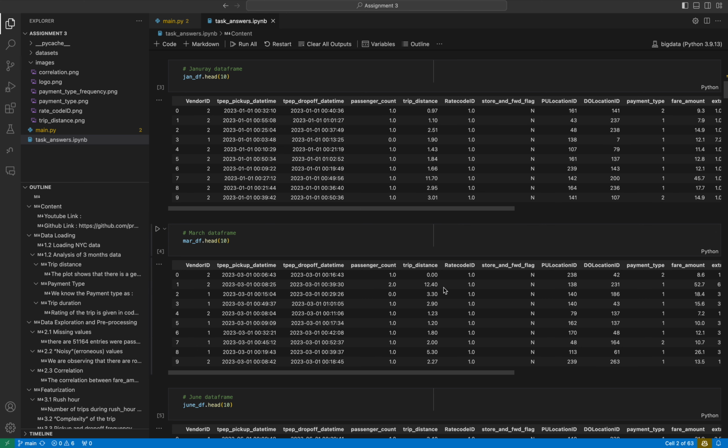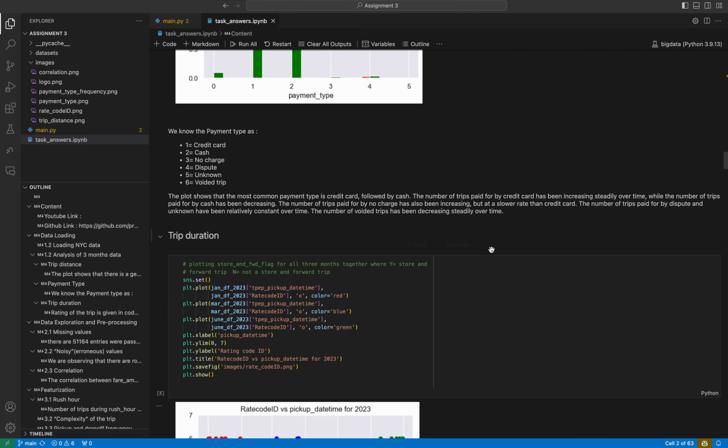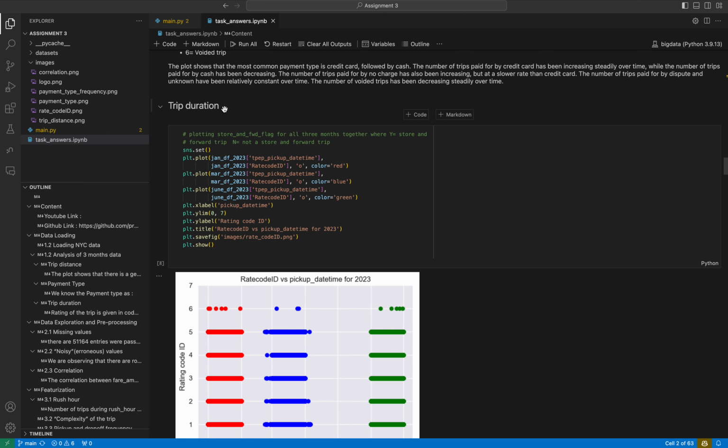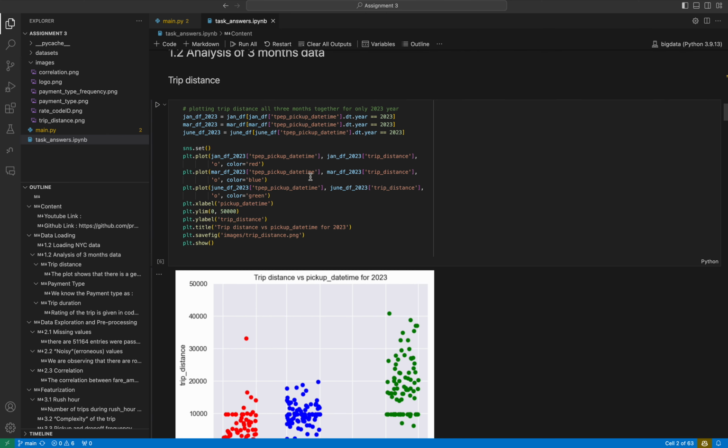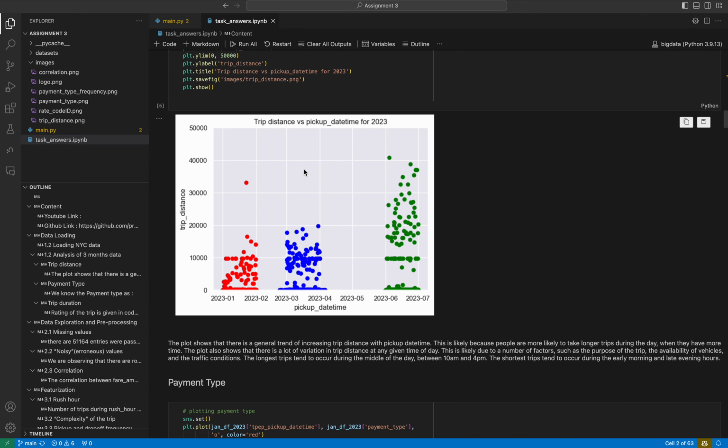One is trip distance, second is payment type, and the third is trip duration. In trip distance, as we can see from this graph, for January, March and June, the trip distance is increasing with pickup time.